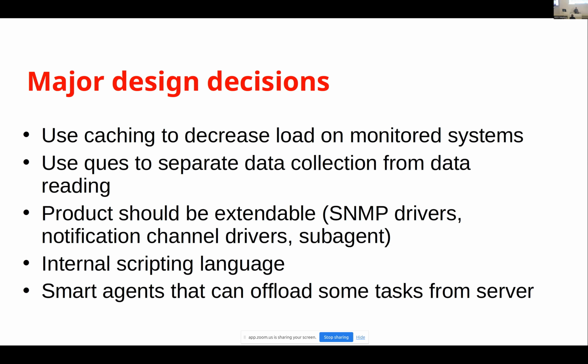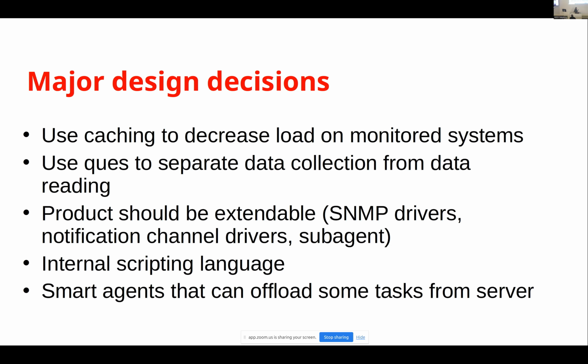That's why we use subagents extensively, where each subagent implements its own logic. For example, we have a subagent for Mongo monitoring, for different database monitoring, and for, I don't know, UPS monitoring.